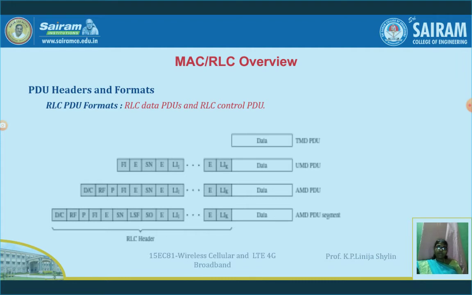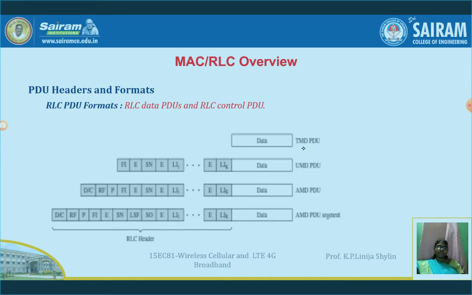Now the RLC PDU format is divided into two categories, that is the RLC data PDU and the RLC control PDU. So this is the data format. Here we are seeing TMD PDU, UMD PDU, AMD PDU, and AMD PDU segment.